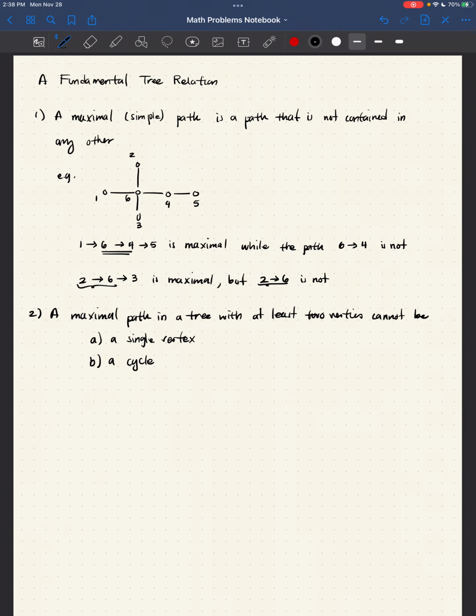Okay. So what is the observation that follows from this? Well, the initial and terminal vertices in such a path must be of degree 1.